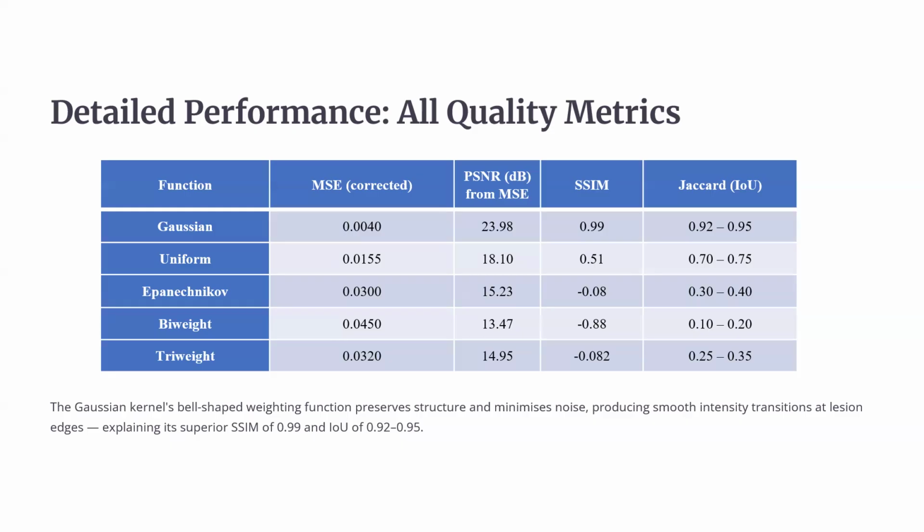This allows the method to adapt to variations in illumination and lesion appearance. In this study we use 5 kernel functions, including uniform, as shown in the tables.